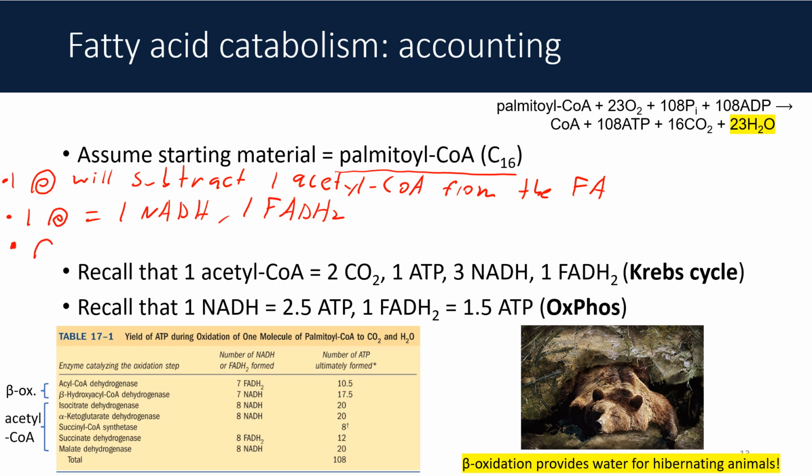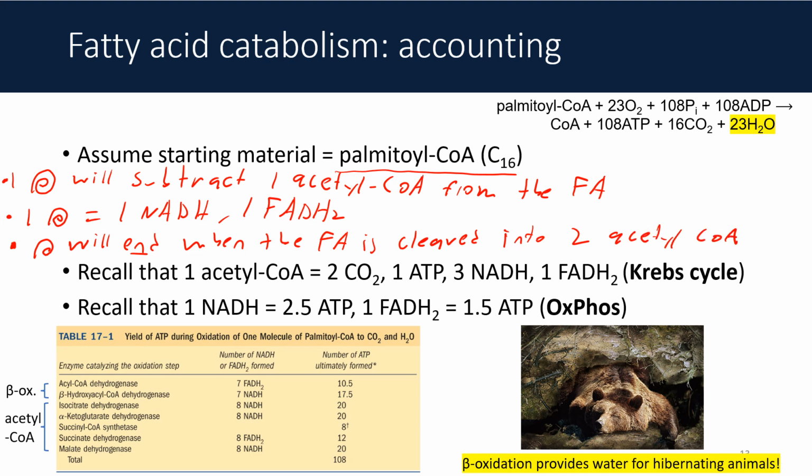The spiral will end when the fatty acid is cleaved into two acetyl-CoAs.